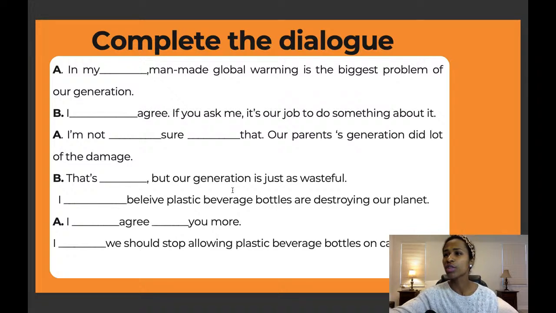Okay, and what is the next one? That's blank, but our generation is just as wasteful. Remember, this is a dialogue. They are agreeing or not agreeing sometimes, or in this case, disagreeing. So agreeing and disagreeing. Just giving their opinions. Let me see if somebody has answered.